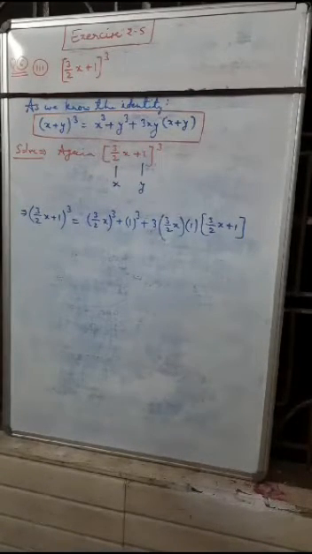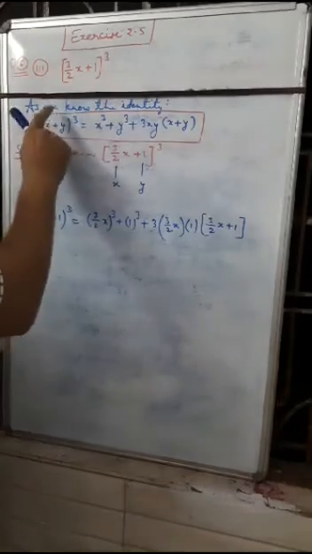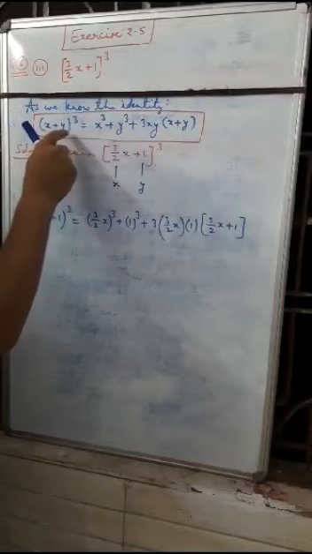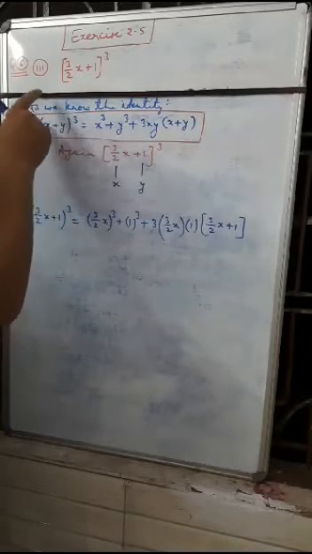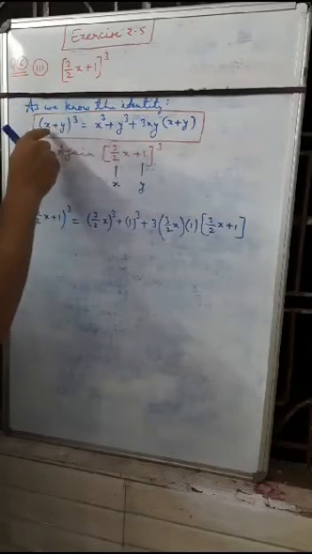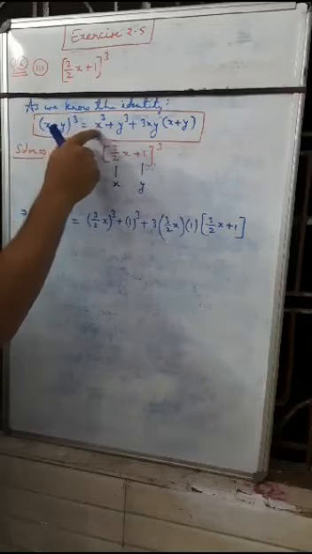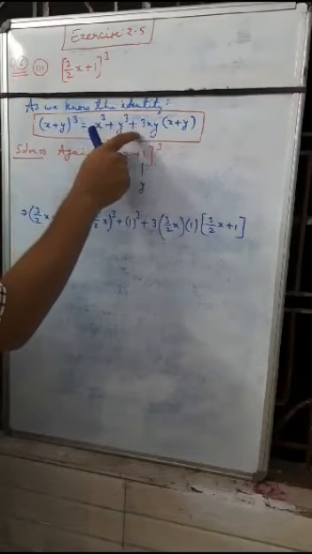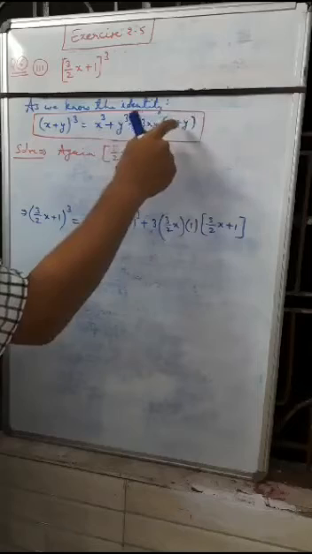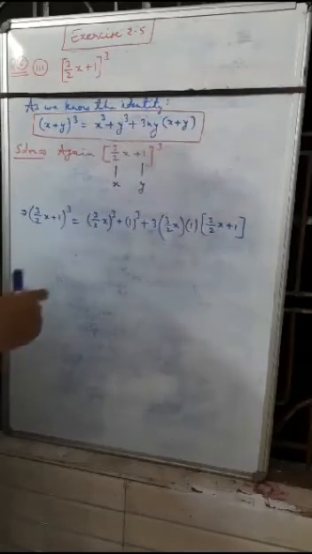Students, now we are trying to solve question number 6. 3 by 2x plus 1 whole cube. So as we know, the identity x plus y whole cube is equal to x cube plus y cube plus 3xy, inside the bracket, x plus y.